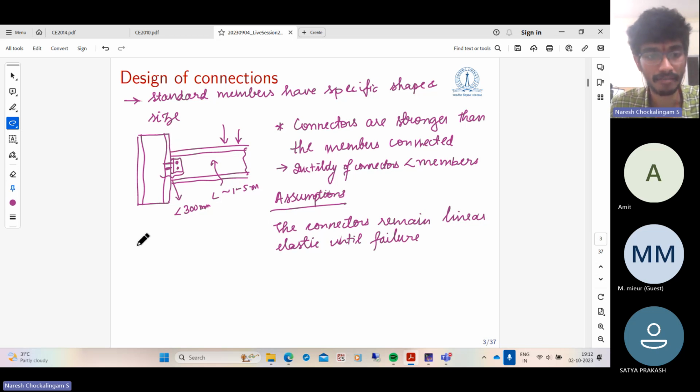If you have a tension member, we haven't done it before, but in limit state design, we assume that the structure is at the verge of collapse, and we design it for the ultimate state. We design the members for safety at the ultimate state and serviceability at the service loads. But the connections, we don't do a plastic design. We do a linear elastic design. We assume they are linear elastic until failure.